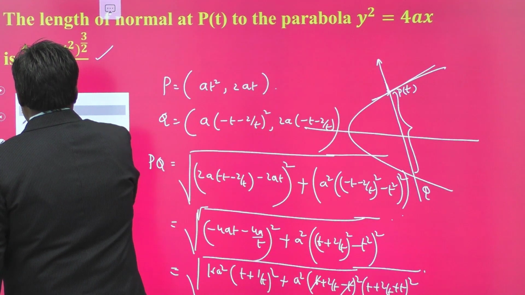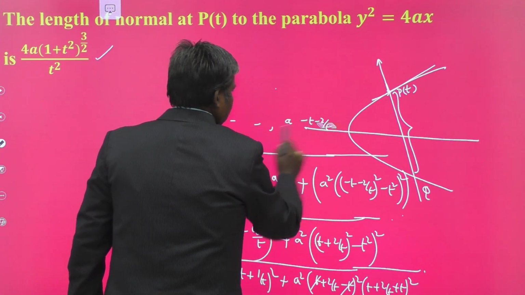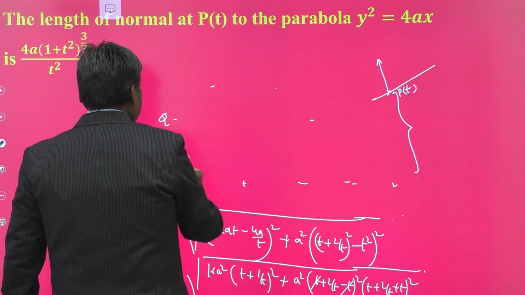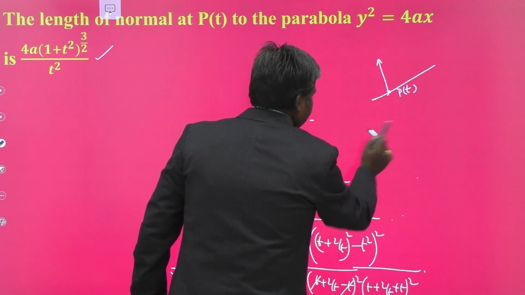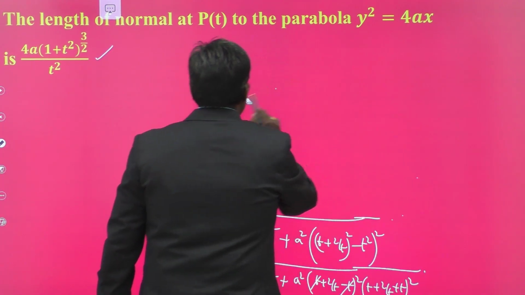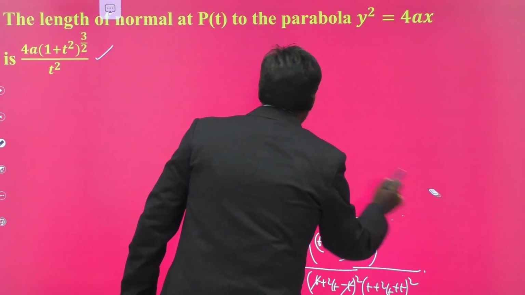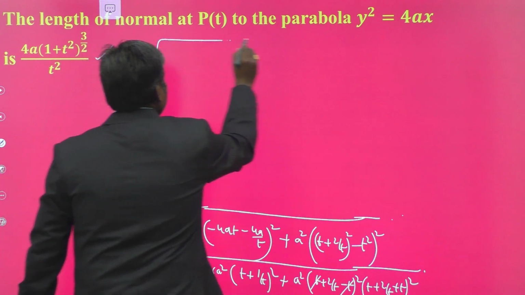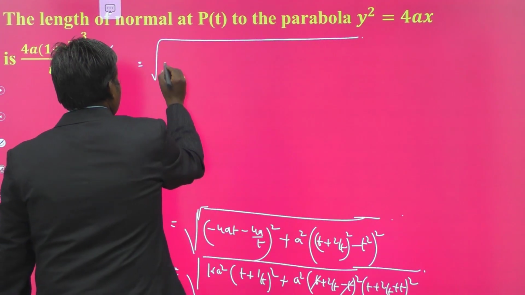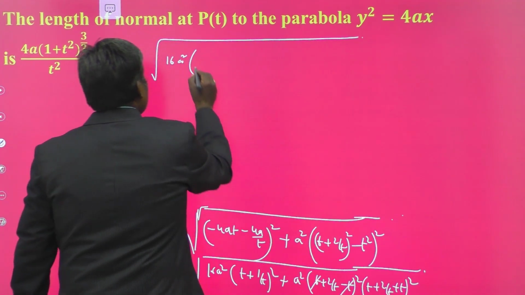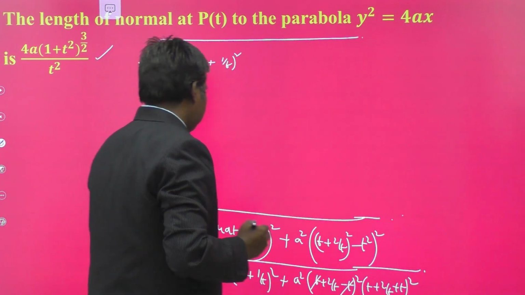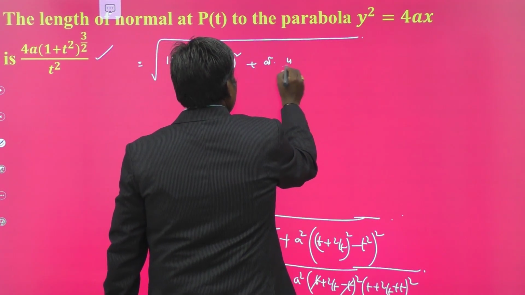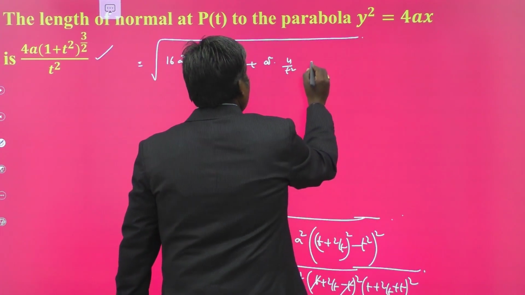Now let us simplify this one. See here, this is nothing but the square root of 16a square into (t plus 1 by t) whole square plus a square into (2 by t) whole square, meaning 4 by t square, into (2t plus 2 by t) whole square.